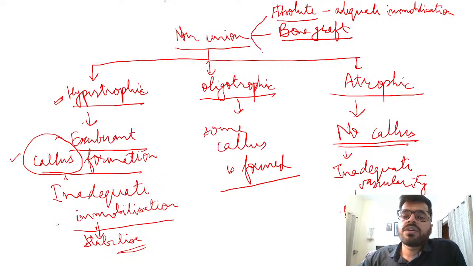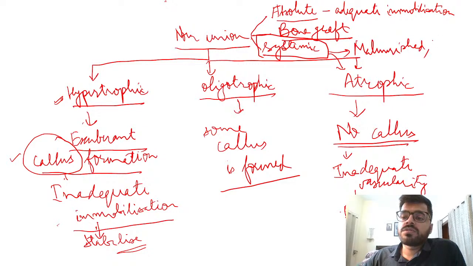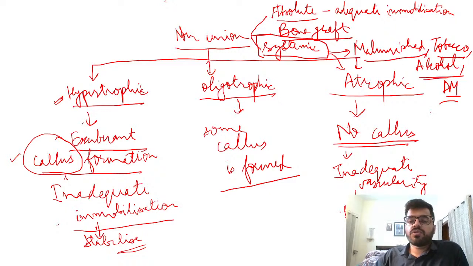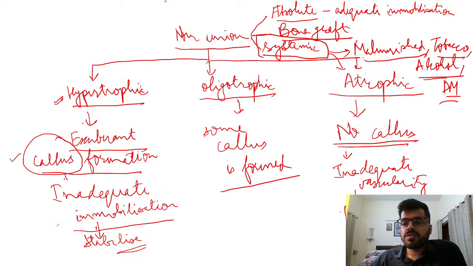And we have to take care of the systemic factors. Maybe atrophic non-union occurred because the patient was malnourished. Maybe he was consuming tobacco. Maybe he was having too much alcohol. Maybe he was diabetic. All these factors need to be addressed before going into the final surgery, so that the recurrence of non-union does not occur.